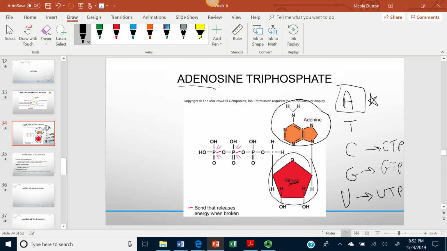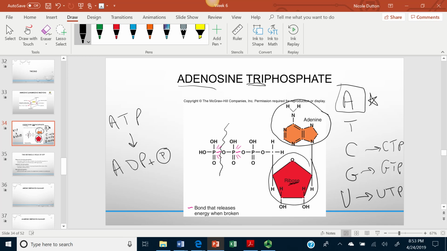We get energy from ATP by the breaking of the last phosphate. So breaking off of the last phosphate, ATP, adenosine triphosphate, gets converted to ADP. And then inorganic phosphate I usually just indicate as a separate phosphate like that.